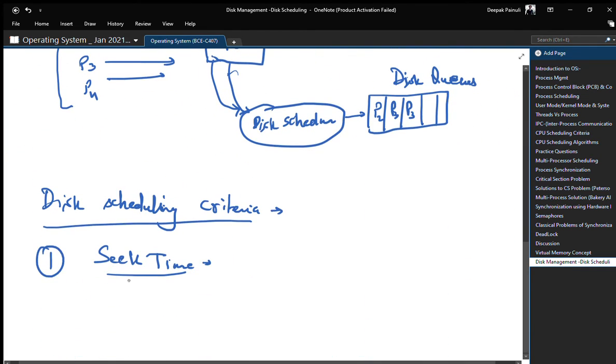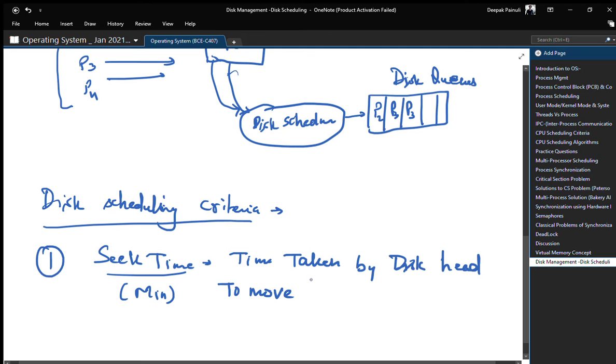Seek time should be minimum. Seek time is the time taken by the disk head to move from one cylinder or one track to another.